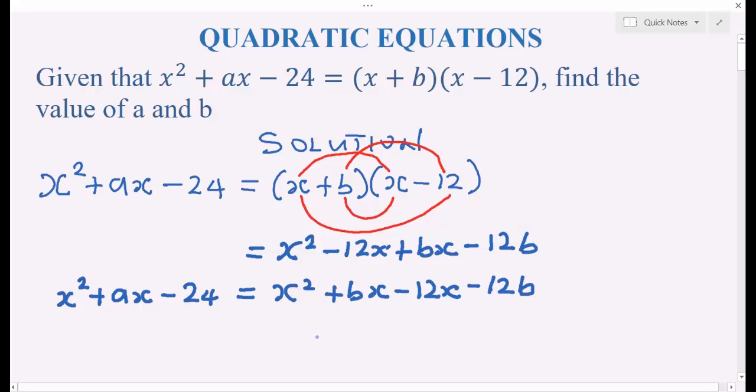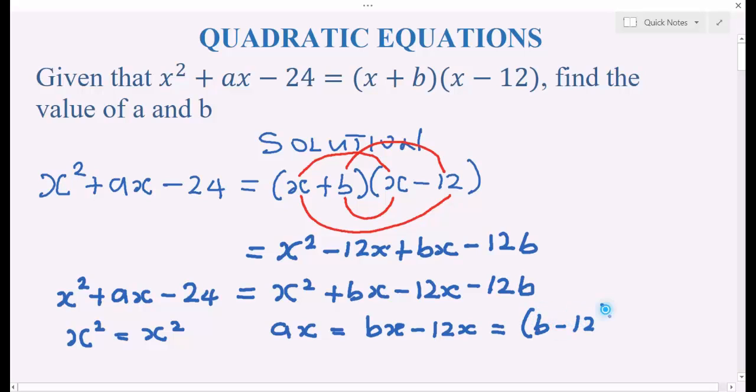So let us compare coefficients of terms both on the left and the right hand side. x squared on the left hand side is equal to x squared on the right hand side. ax on the left hand side is equal to bx minus 12x, or we can rewrite it as (b minus 12) x.